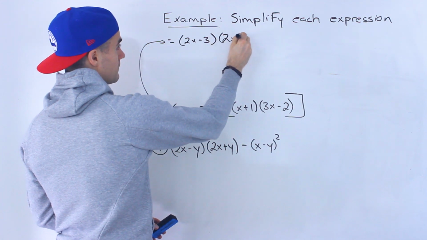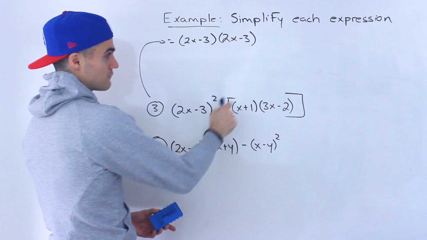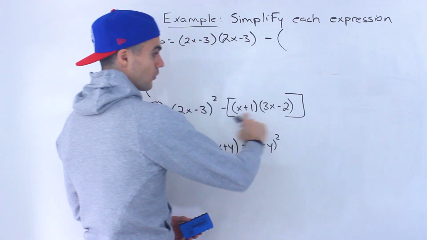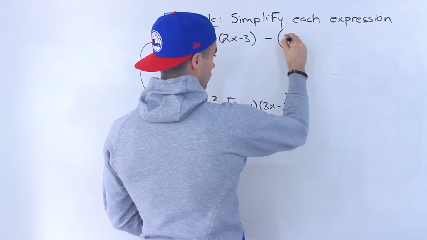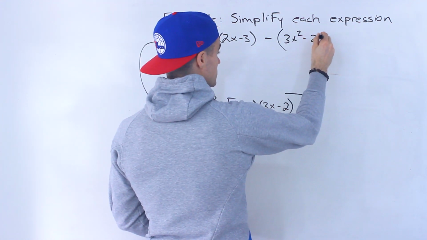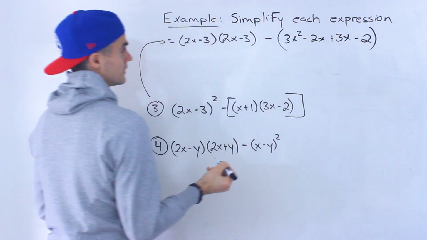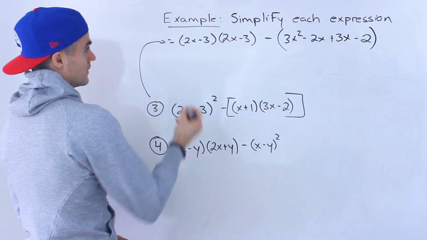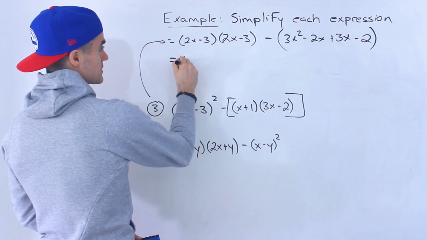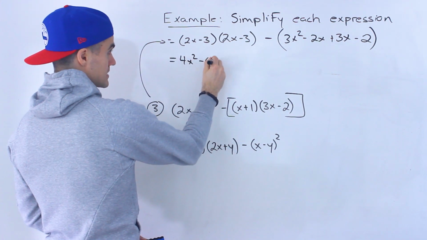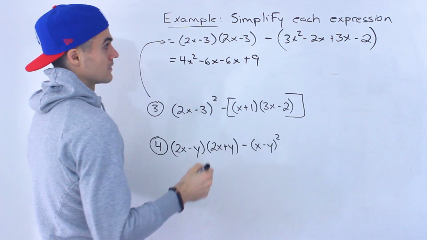That's what we would have there, right? We're going to FOIL that out, and then we're going to have minus, and then we would FOIL all of that out right there. So we would end up having 3x squared minus 2x plus 3x minus 2, like that. Right? And then over here, when we FOIL all this out, 2x times 2x gives us 4x squared minus 6x plus 9, like that.